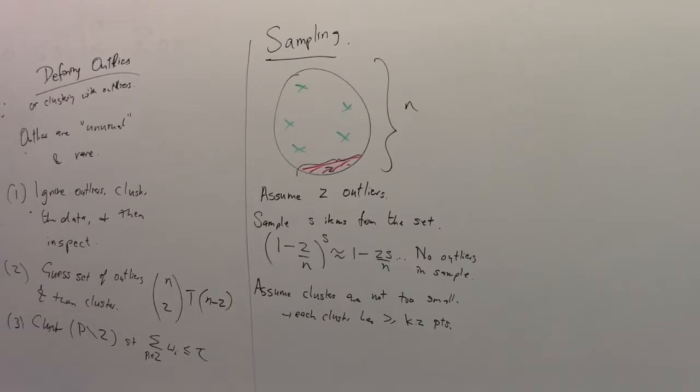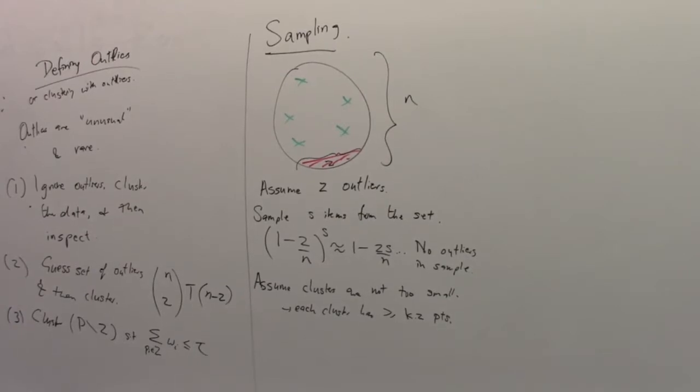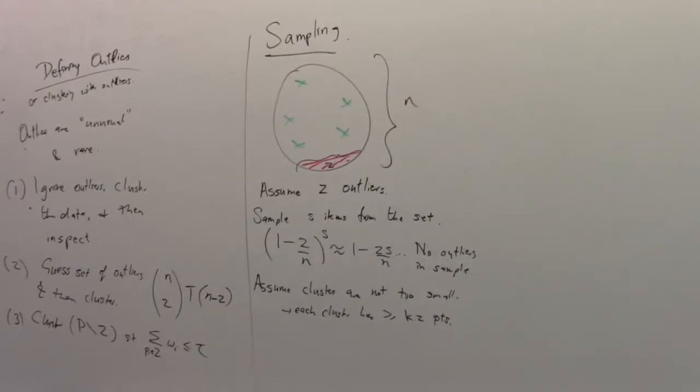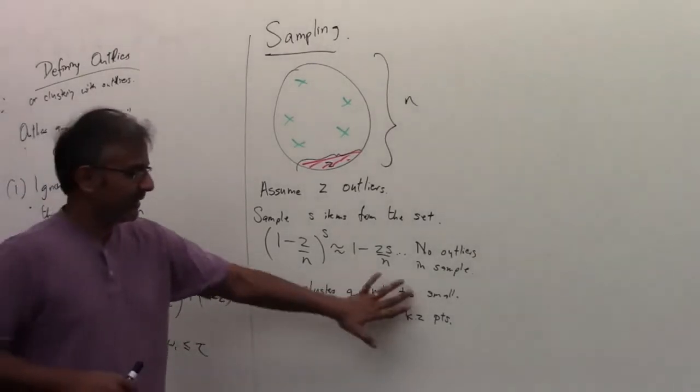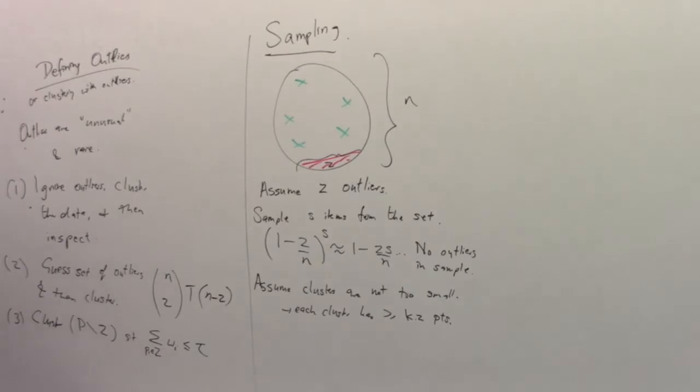So you want clusters to look significantly bigger than the outlier set. If the outlier set has Z points in it, you want each cluster to be much bigger than that. So it's k times. Again, this number is not set in stone. It's a result of some analysis, and we'll see what it is.